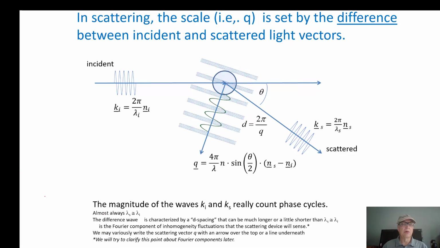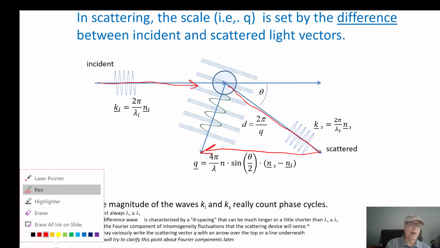So I go out a distance along this scattering vector. There we go. There's a scattered K vector. And now I'm going to subtract the incident light vector. That incident light vector was really up here, but I'm just going to subtract it and move it over there. And that's what gives me the scattering vector.